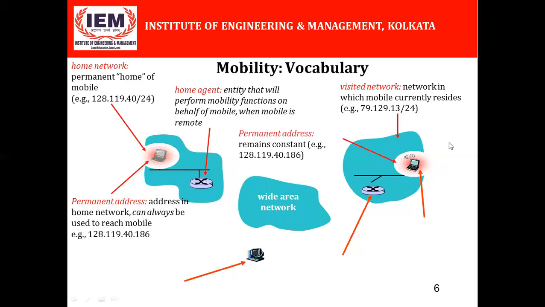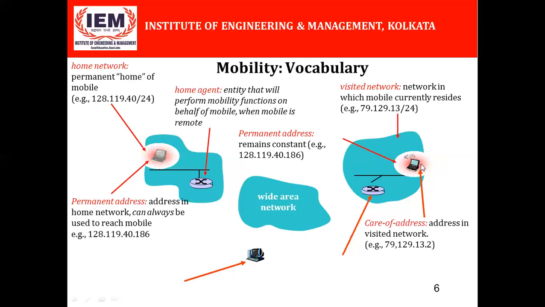Next to that, the permanent address remains constant. The permanent address remains constant. That is not different. That is the IP address, fixed without changing. This is the first and fundamental concept of mobile IP. Next to that, care of address.